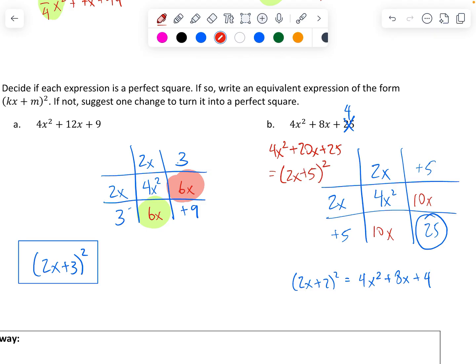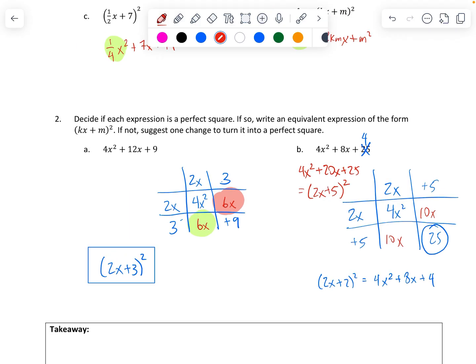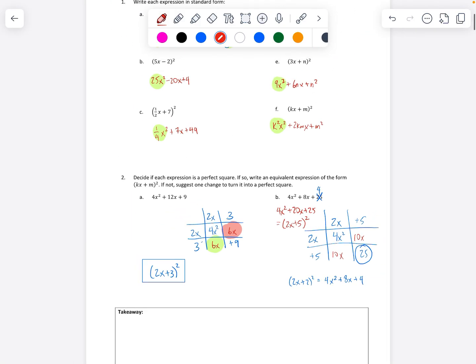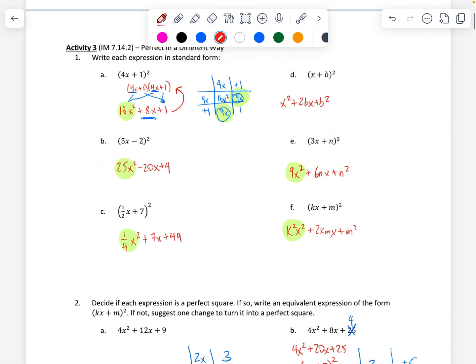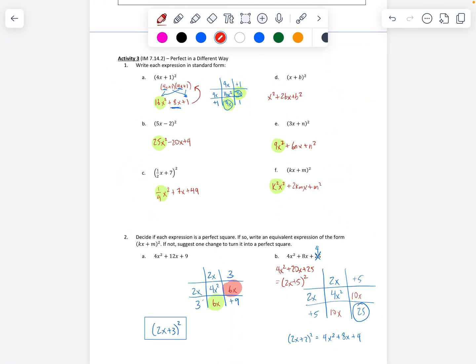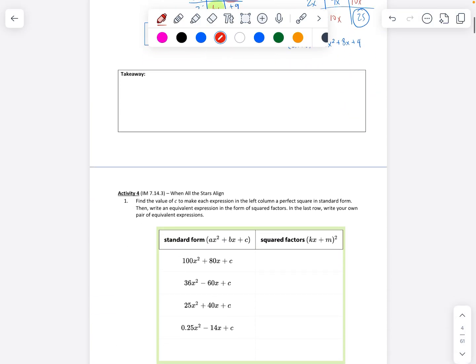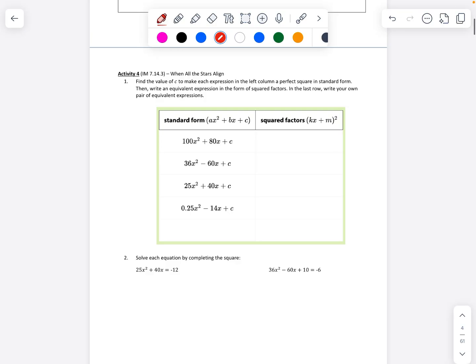So there's a few different things you can do. But basically, the takeaway from here is it's always helpful if you draw those diagrams, right? It's not always the fastest, but it will help. And to know if something's a perfect square, you can use this box method. But that's basically it for activity 3, which brings us to activity number 4.